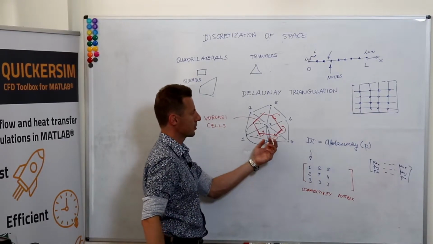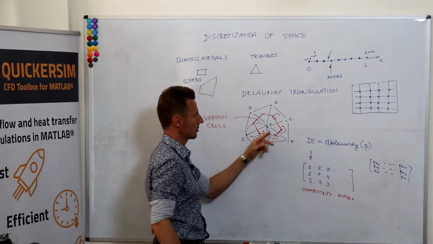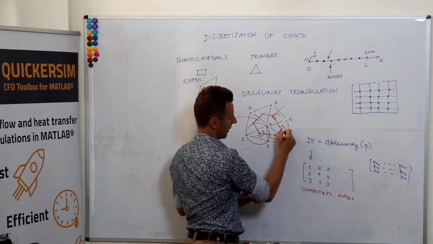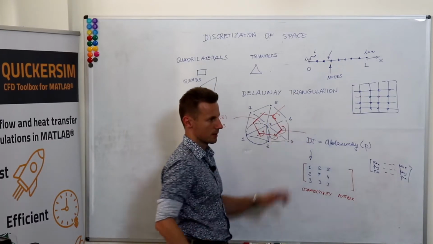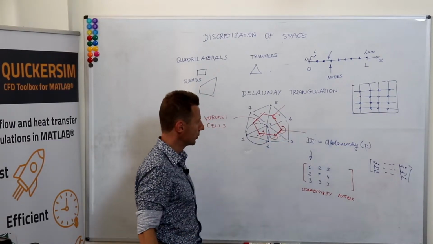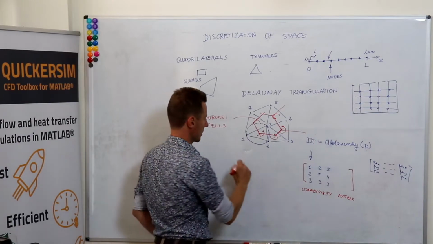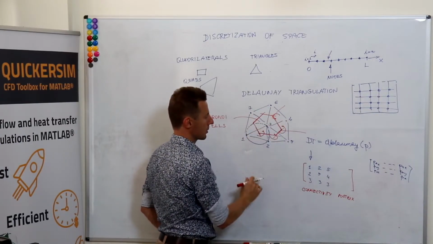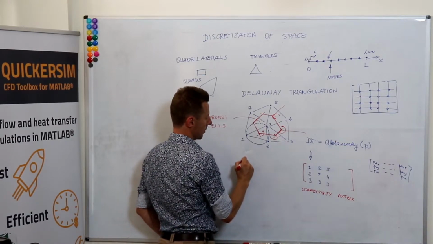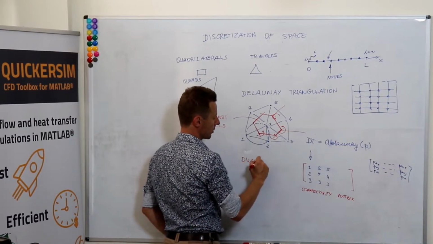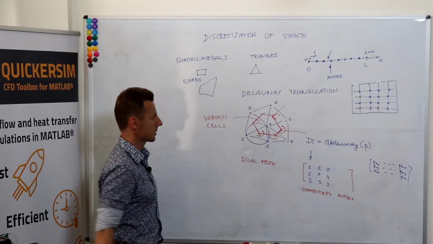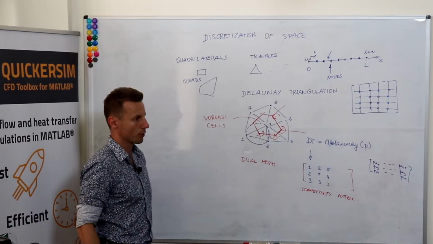And the mesh that is generated by such a procedure, well, obviously you would generate something like that and continue going forward, is called the dual mesh. So if you generate one mesh by the Delaunay triangulation, then you can move to the dual mesh. Dual mesh is then based on the Voronoi cells.